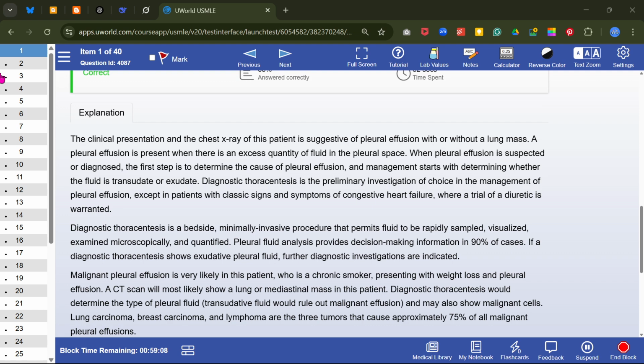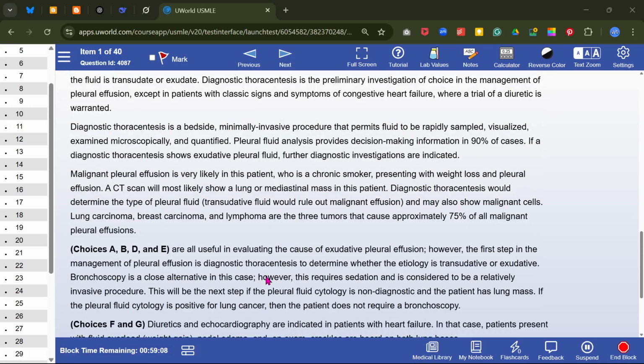Diagnostic thoracentesis would also determine the type of the pleural fluid. Transudative fluid would rule out malignant effusion, while exudative fluid may also show malignant cells. Lung carcinoma, breast carcinoma, and lymphoma are three tumors that cause approximately 75% of all malignant pleural effusions.